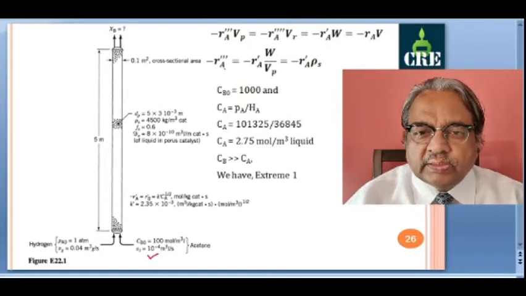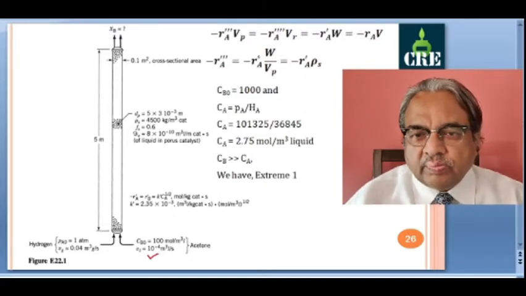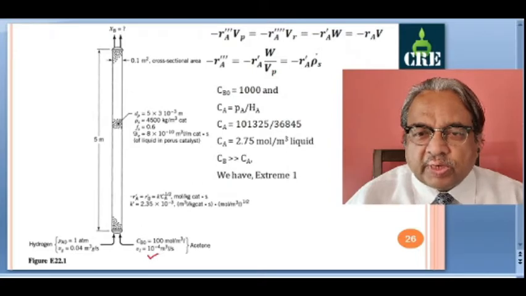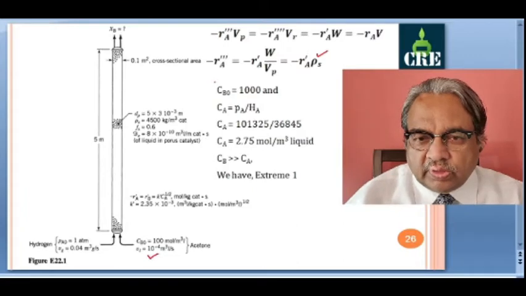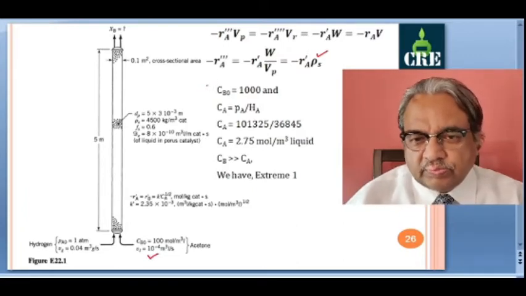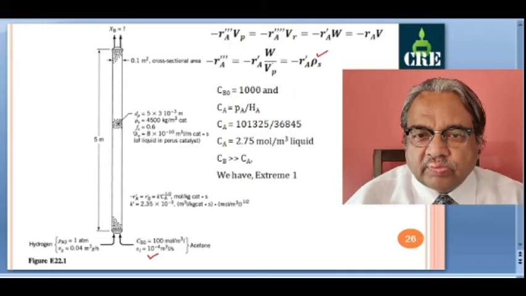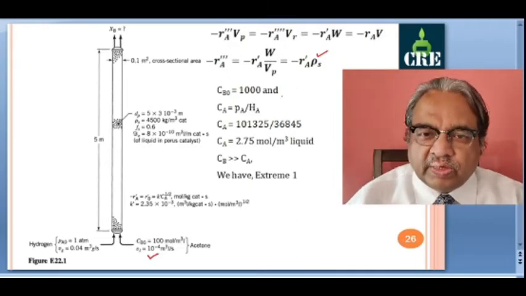The relationship between minus Ra 3 times prime and minus Ra prime will be W by Vp, weight divided by volume of catalyst, that is the density of catalyst. So this minus Ra prime which is given, we can multiply by rho s and we get minus Ra 3 times prime. So we need the value of k 3 times prime in our equation for minus Ra 4 times prime that we have seen.